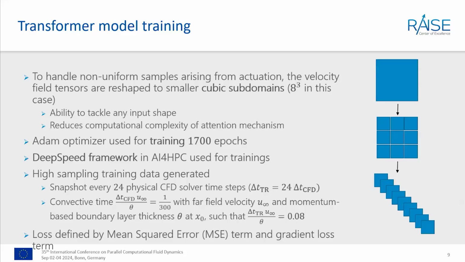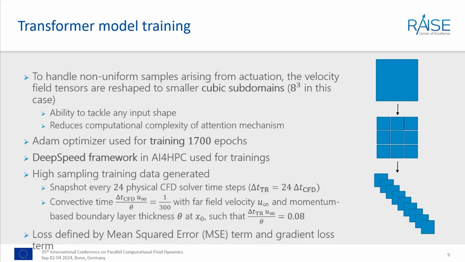These are some training parameters. We use the Adam optimizer and the DeepSpeed framework, which is provided by AI for HPC. I also told you before that we have a highly subsampled dataset for this particular use case. We save the sample every 24 physical CFD solver time steps.